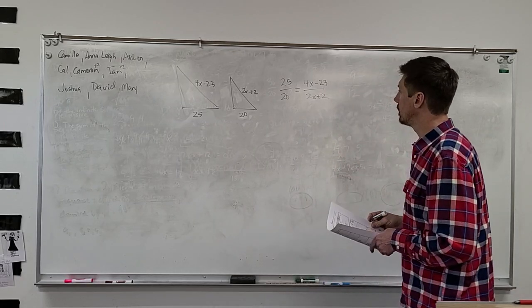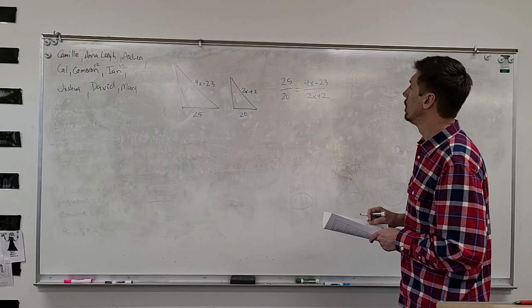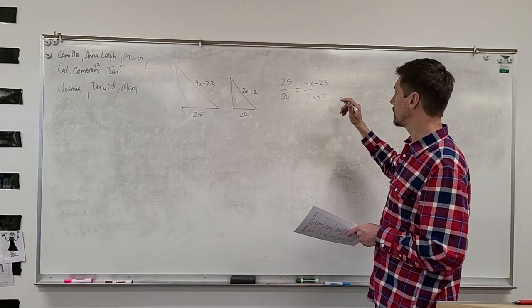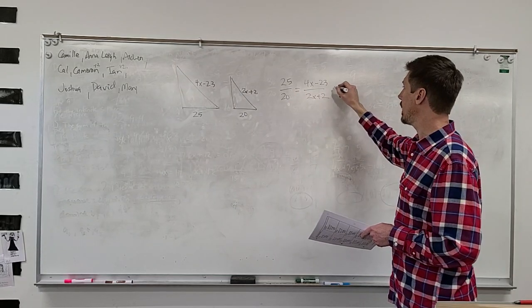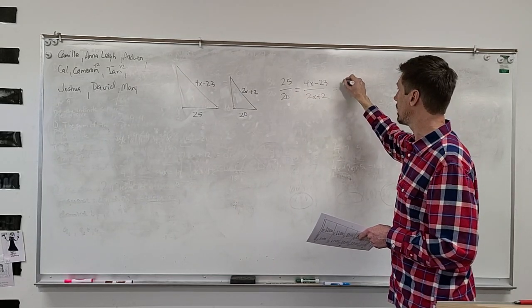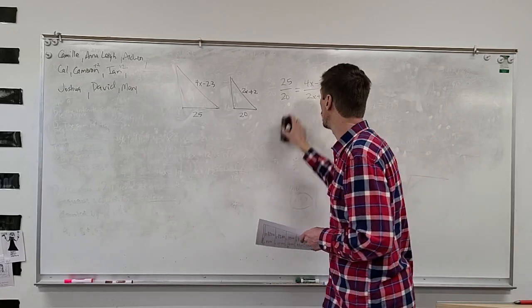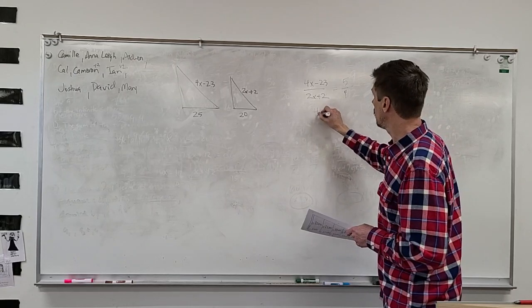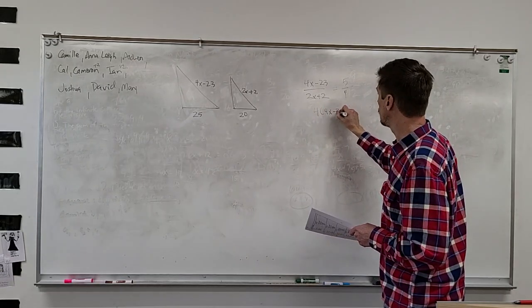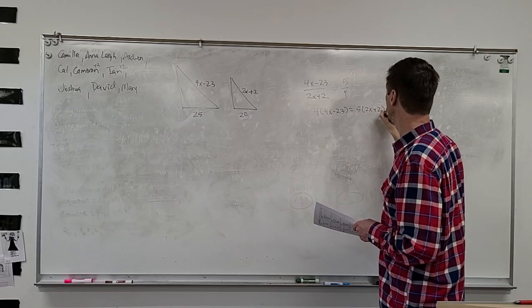And then we could go ahead and cross multiply, or we could make our numbers a little bit simpler by saying both of these are divisible by 5, so I could actually write this as 5 over 4. You could rewrite the whole thing like that. And then I could cross multiply. So 4 times 4x minus 23 equals 5 times 2x plus 2.